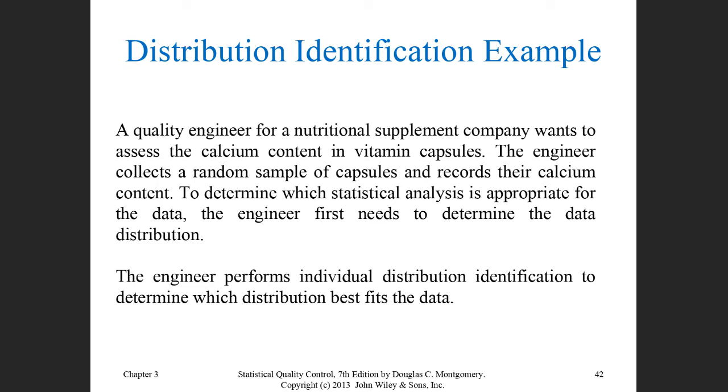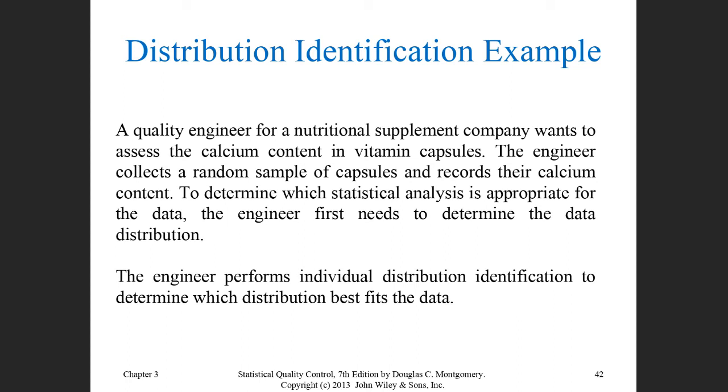So based on what we have learned, you can predict maybe some of those distributions based on the nature of the data, but also Minitab or other statistical application software can give you the test for the data and identify the best fit distribution for the data. So from there, you can do your analysis, your improvement, your control.